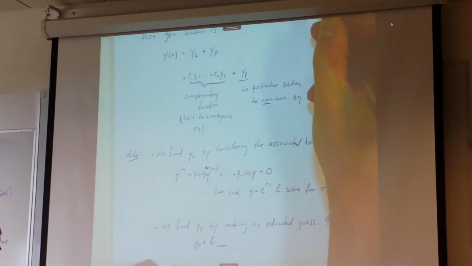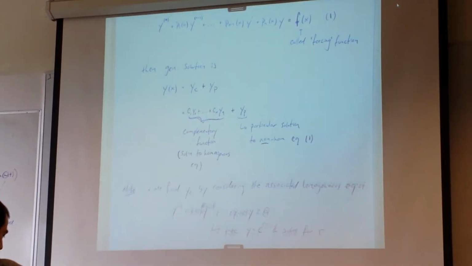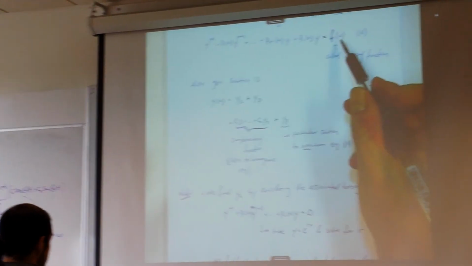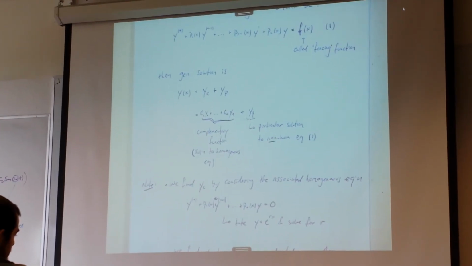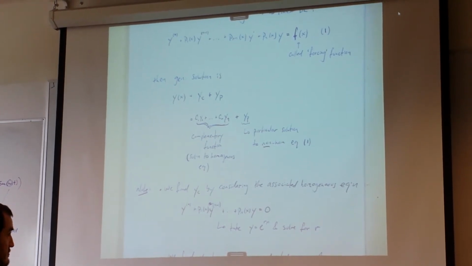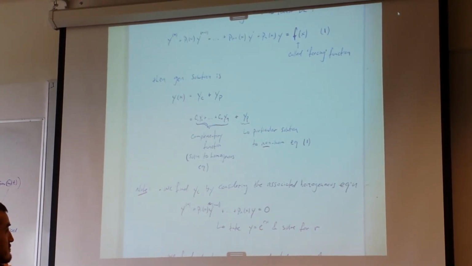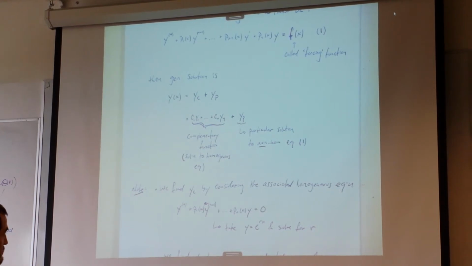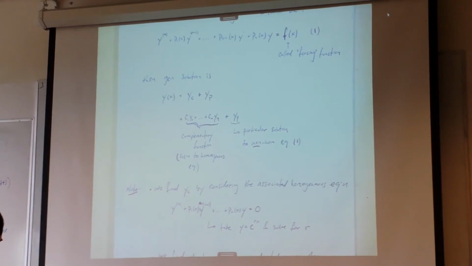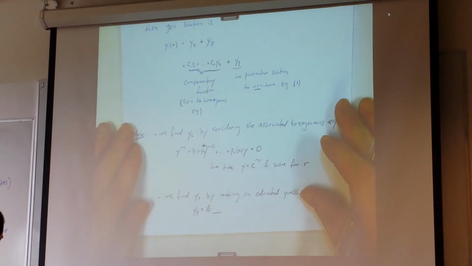If f of x is a third degree polynomial, then we would take y sub p, start with the guess that y sub p is a third degree polynomial, and attach on all its terms. So a times x cubed plus bx squared plus cx plus d, okay? Assume that it takes on the same form as f.